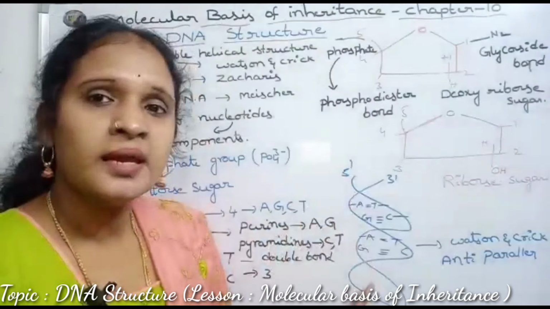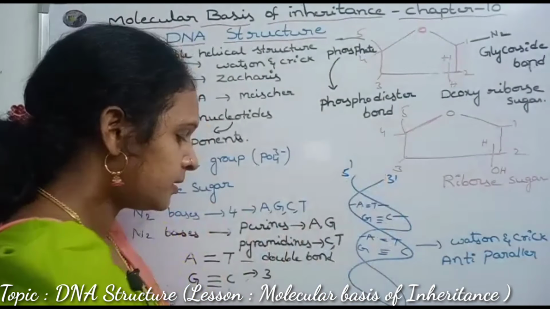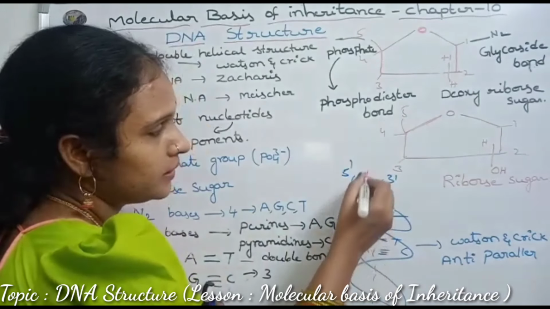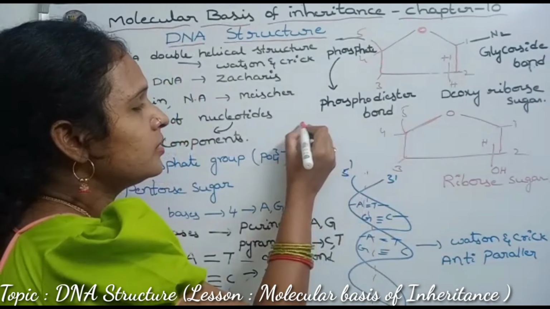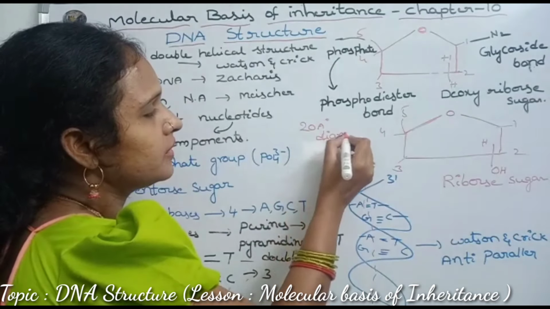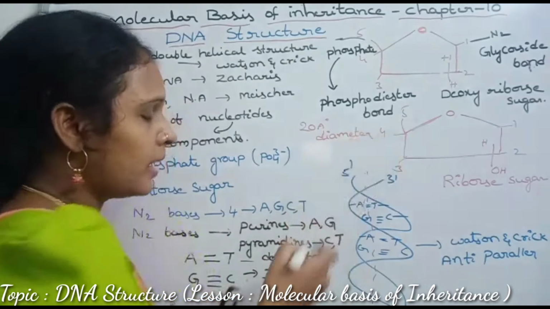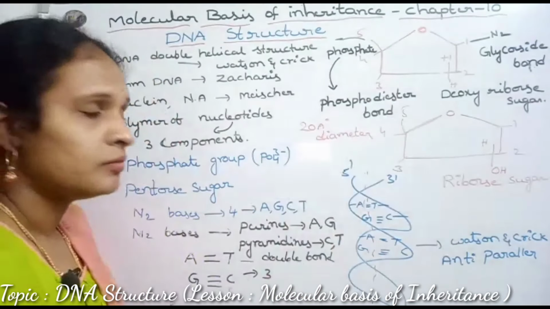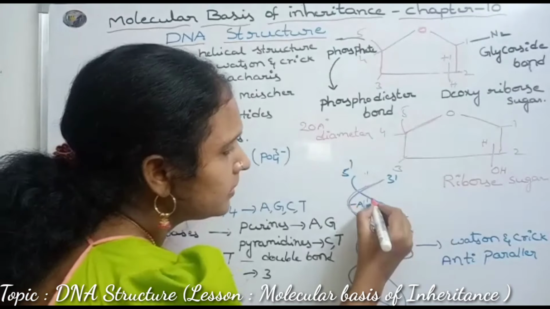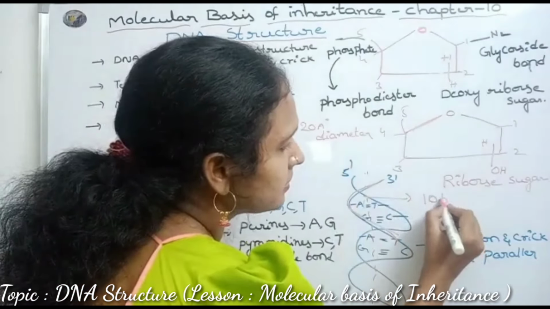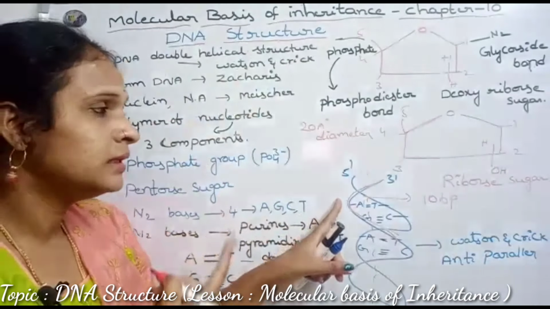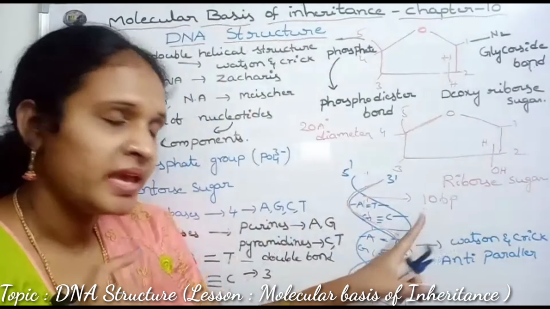The diameter of the DNA is 20 angstrom. One turn of the helix contains 10 base pairs.